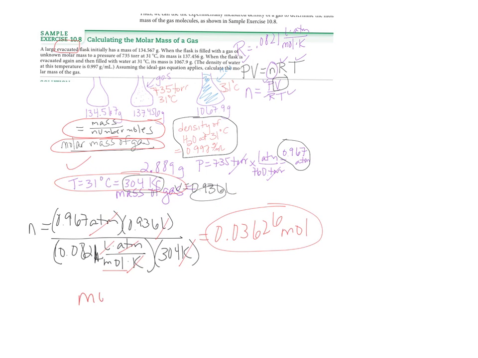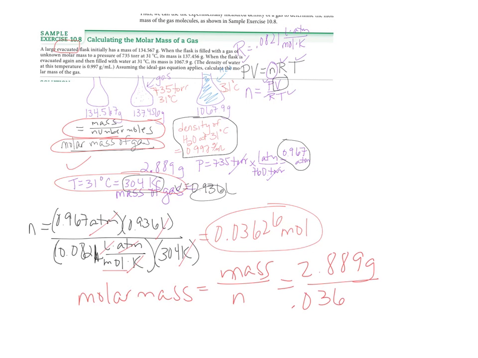So we have molar mass equals mass over N, which equals, my mass was 2.889 grams divided by 0.03626 moles.